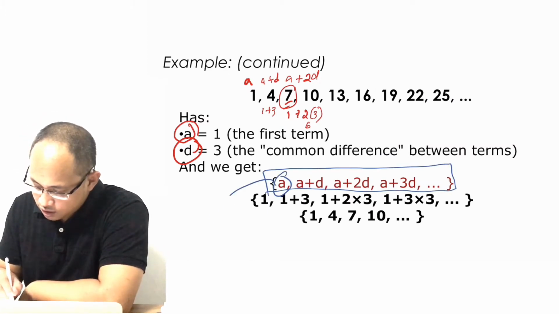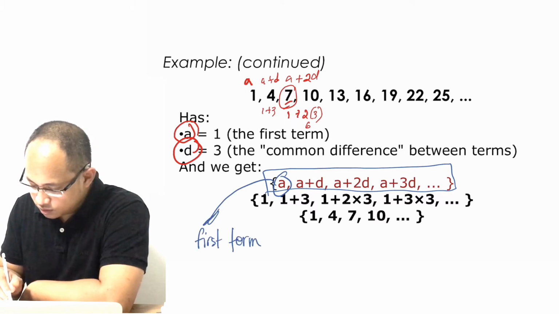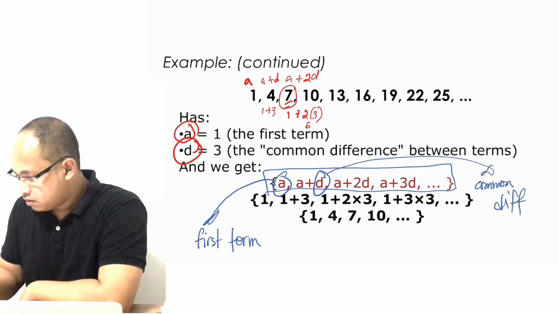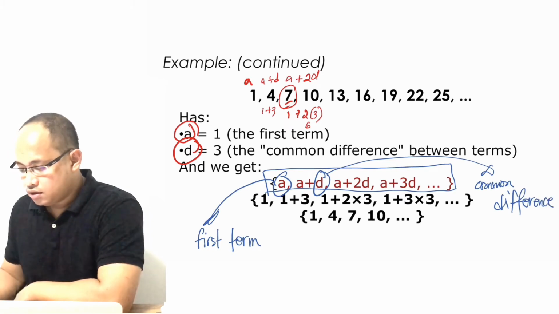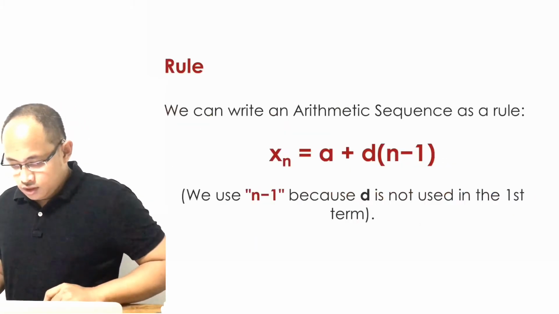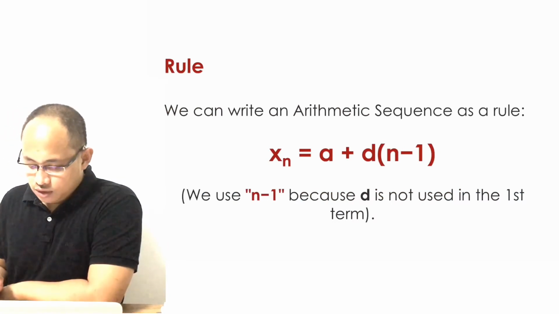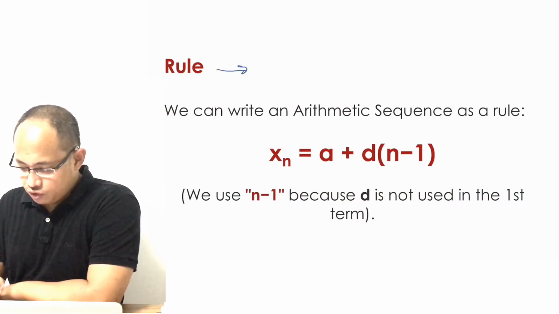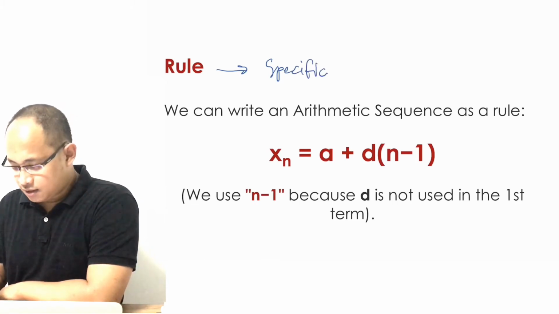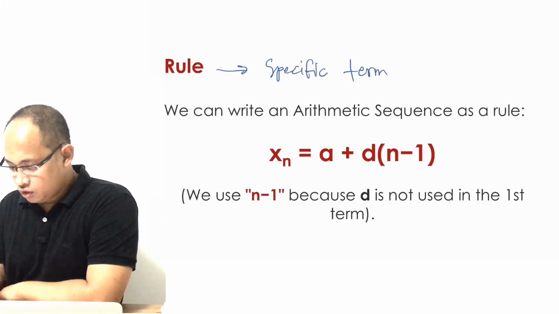Again, A here is the first term. D is the common difference. Now, there's a certain rule. This rule is used if you're looking for a specific term, or we call it the nth term.